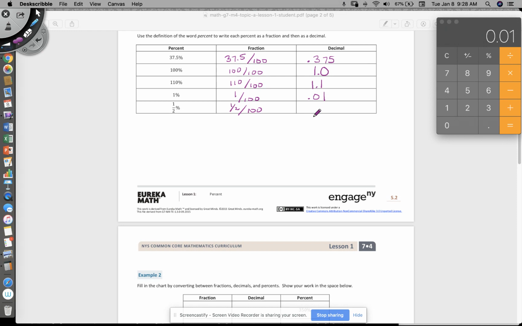That's 1/100th. And then this one here, we have 1/2, so I'm going to represent it by 0.5 divided by 100. And we get 5/1,000ths. Excuse me, 5,000ths, not 10,000ths.